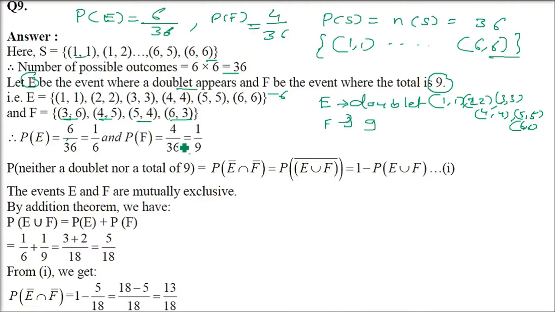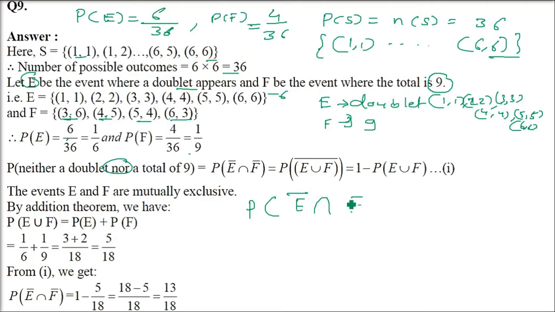Now if you add them and subtract from 1, you will get the same answer, 13 by 18. But I will give you the method of solving it through the theorem. P of neither doublet, so E complement, nor F complement, which is the intersection: E complement intersection F complement.